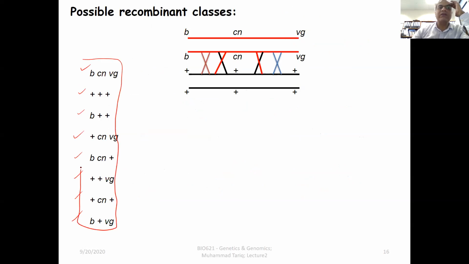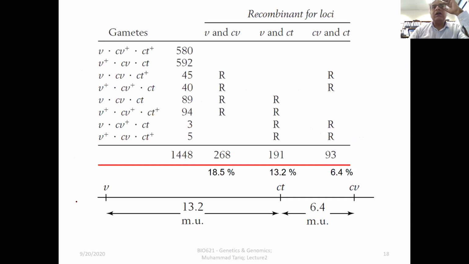How many classes of gametes will you get? 8. You can count them: 1, 2, 3, 4, 5, 6, 7, 8.